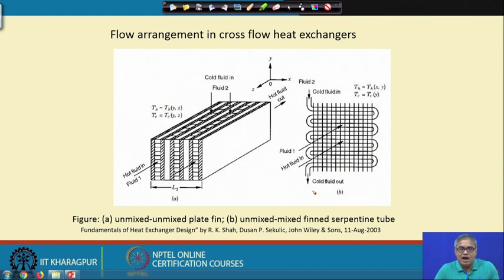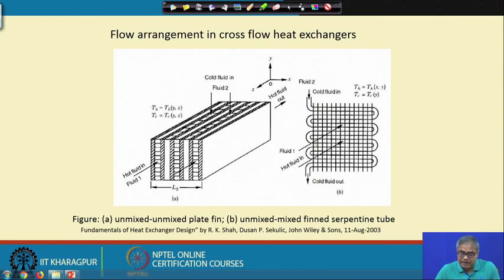Here we can see another very common construction of cross flow heat exchanger. Here basically there is a serpentine tube through which fluid is flowing, something like this. Liquid is flowing through this serpentine tube, so it is very suitable for liquid to gas heat exchanger.